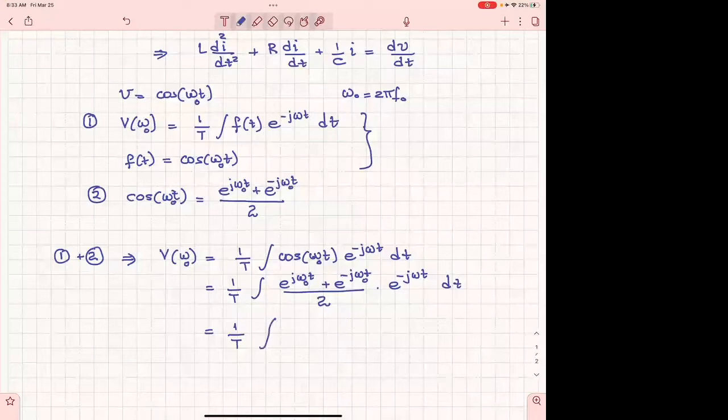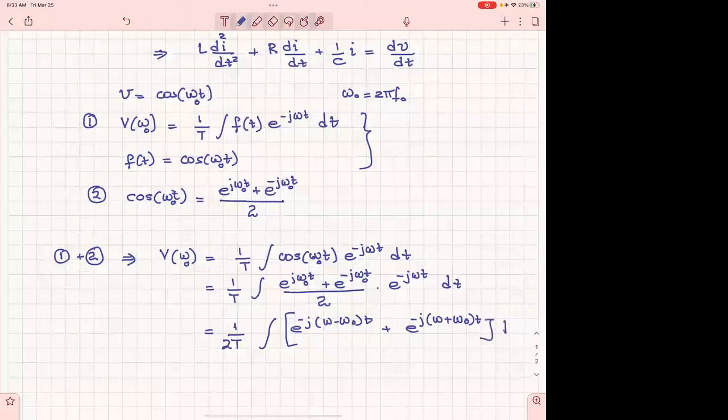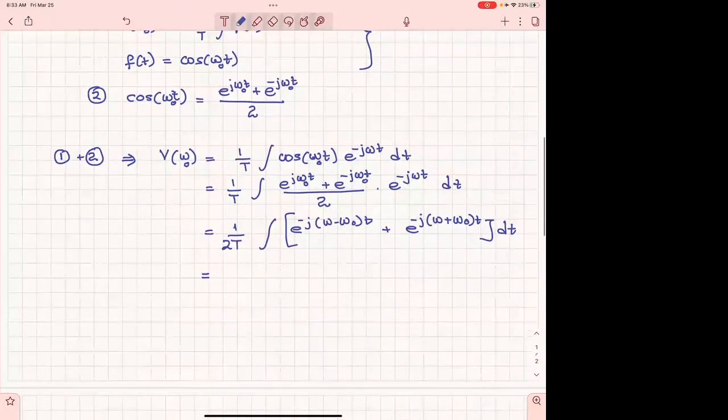And then I have 2 here, and then it becomes e to the minus j omega minus omega naught t plus e to the minus j omega plus omega naught t dt. Do you happen to know, or has somebody told you, what this integral is?